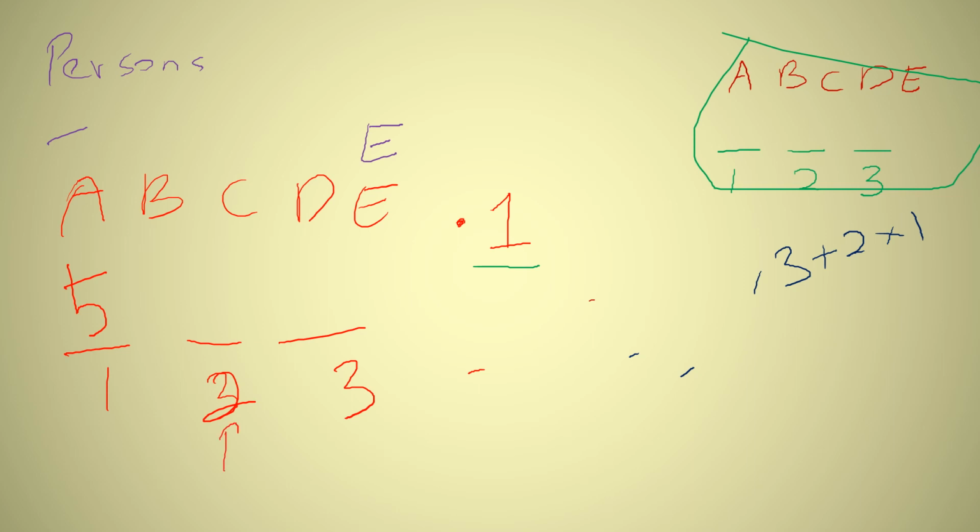In each of these scenarios, there are 4 people left who haven't been seated yet, so 4 people could sit in seat 2. So we have 5 times 4 scenarios where we have seated seats 1 and 2.